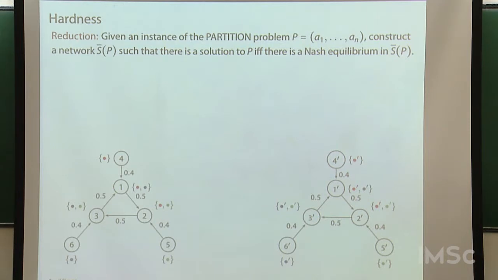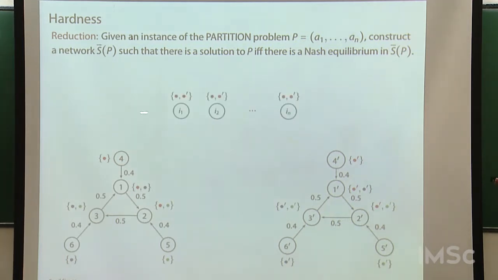Because you just propagate it down. So what we will try to do is construct a network in which, if there is a solution to this partition problem, then player 1 choosing T0 would be a best response.